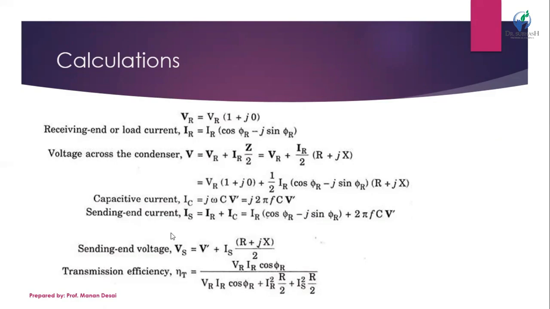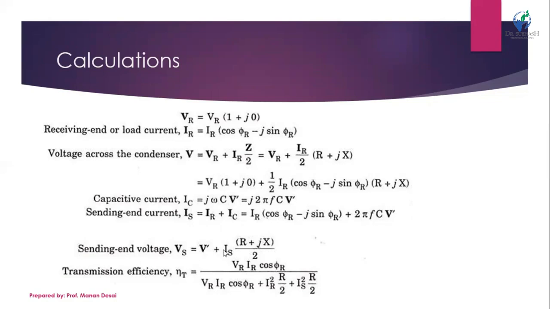Now calculate the sending end voltage VS. VS means the total voltage across the condenser V, and V means VR plus IR Z by 2. Ultimately we have V equal to VR plus IR by 2 times (R plus jX).